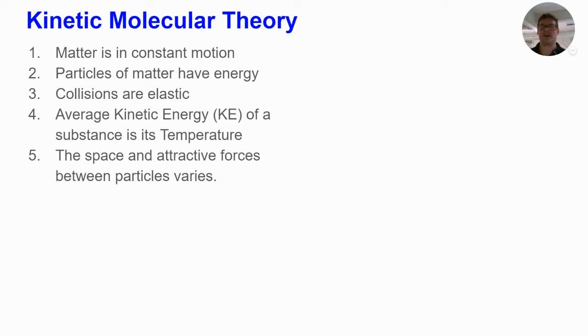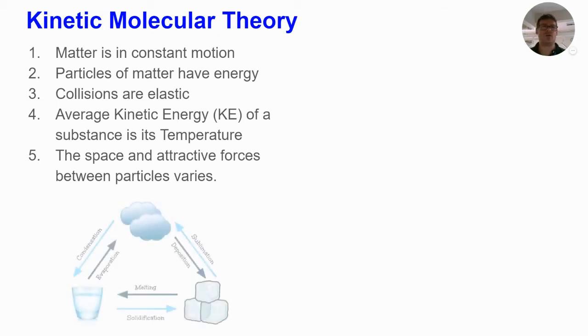This spacing and these forces vary from one type of matter to another, and that's really based on what atoms we're talking about, what elements are present, and what condition those elements are held under.